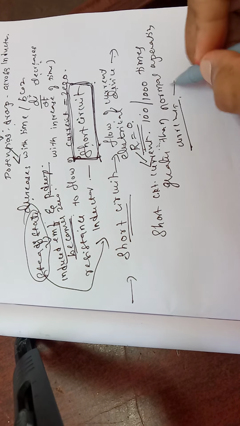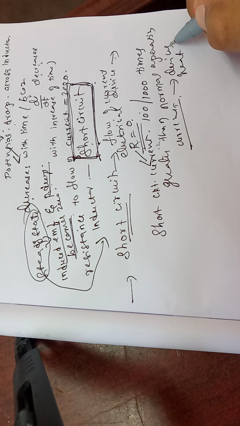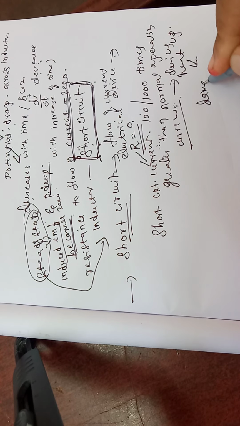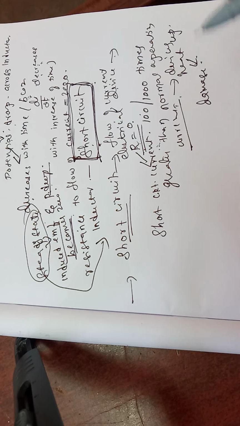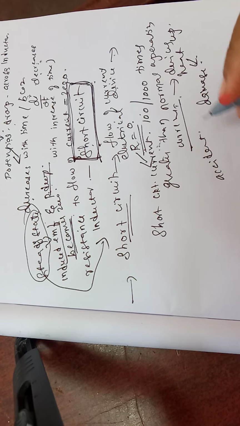Due to that, the devices will heat up and they will be damaged. If this short circuit is more than the range, many accidents such as fire accidents will take place.